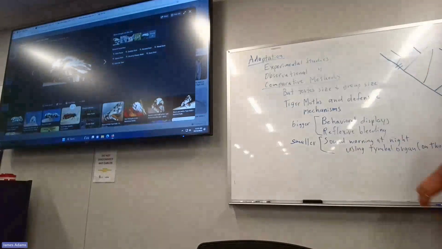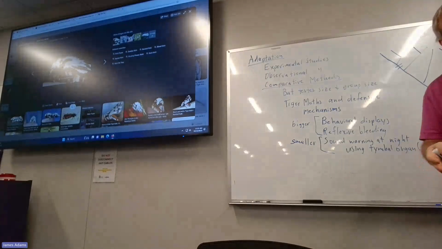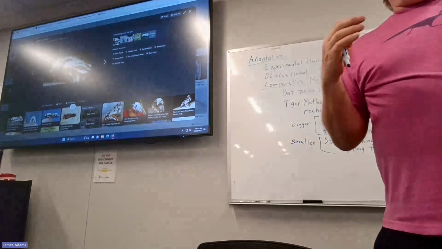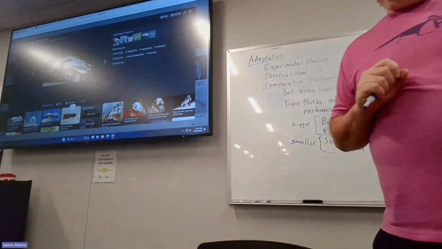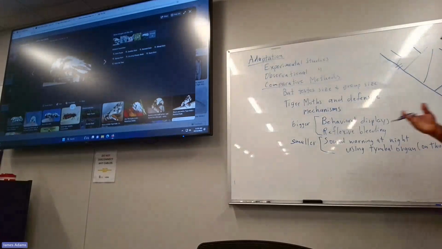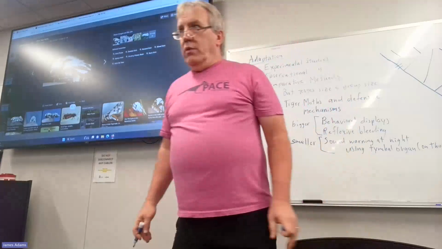But what you find is across the board again, little species there, little species there, little species there, tends to have lost the ability to reflexively bleed, or doesn't behaviorally display. Whereas if you got a really big species here and a really big species there and a really big species there, they tend not to make as much sound. Okay? You with me?